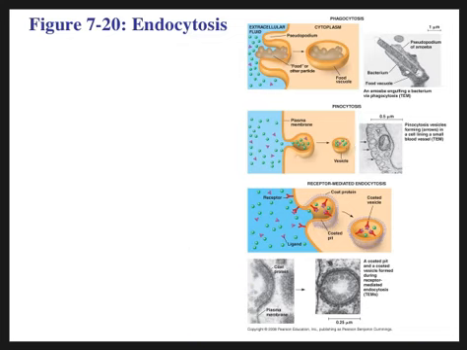The last one is receptor-mediated. This is pretty cool. At specific points along this plasma membrane, there are little receptors. There are little glycoproteins and glycolipids here, and they're designed to bind a specific molecule from the extracellular fluid.